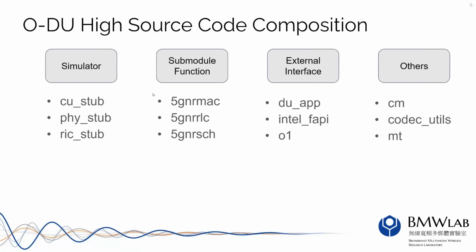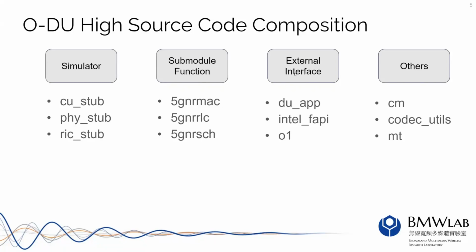And the next one is submodule function. There are functions about this submodule including MAC, RLC, and scheduler, or you can say MAC scheduler. They process and transmit the user data or control signal.